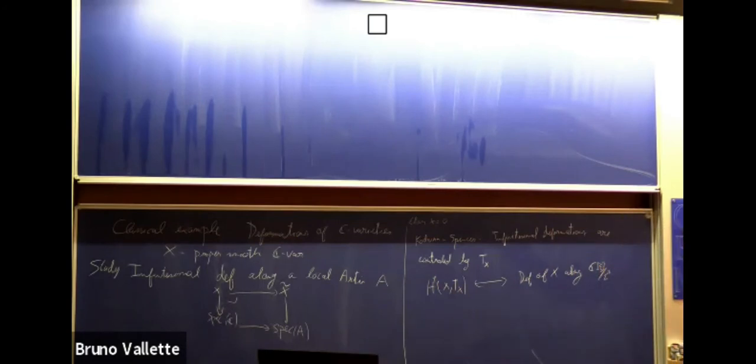So these first order deformations, and this correspondence is given by the Kodaira-Spencer map.